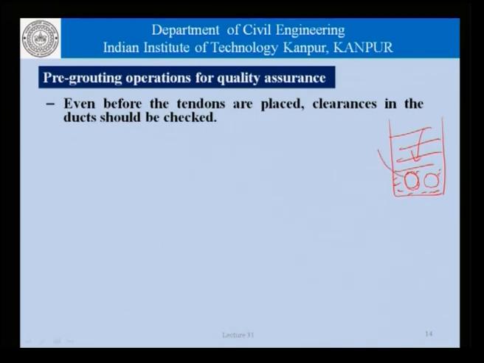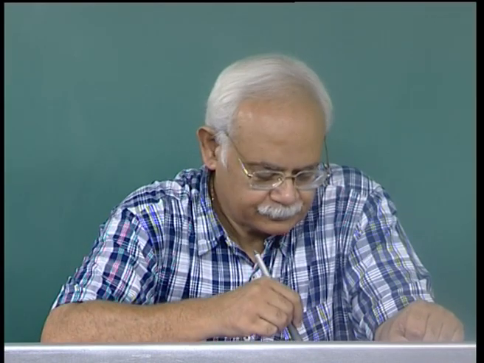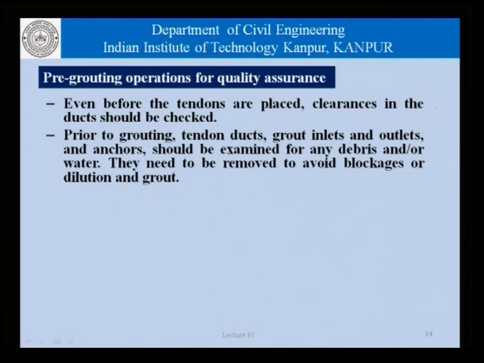And this is the kind of check which is being done here: even before the tendons are placed, clearance in the duct should be checked. It should be ensured that the tendons can be easily placed in the duct. Prior to the grouting, tendon ducts, grout inlets and outlets and anchors should be examined for any debris and or water. They need to be removed to avoid blockages and or dilution of the grout.